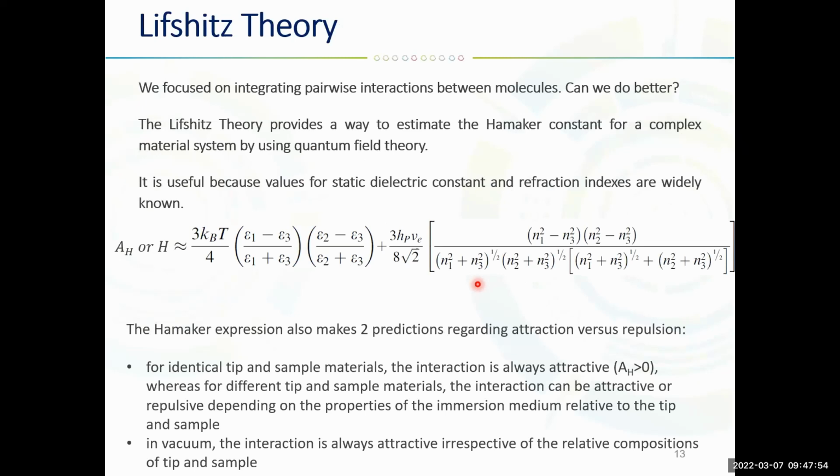Lifshitz theory was developed by a Russian physicist in the early 1960s. I would not put all the derivations here, just the final equation that he got for the Hamaker constant.